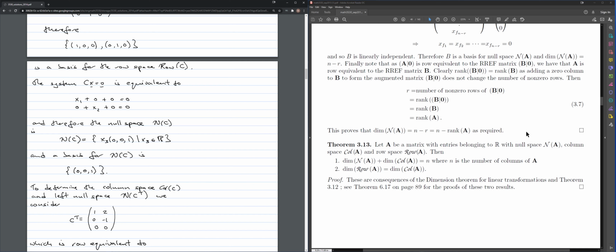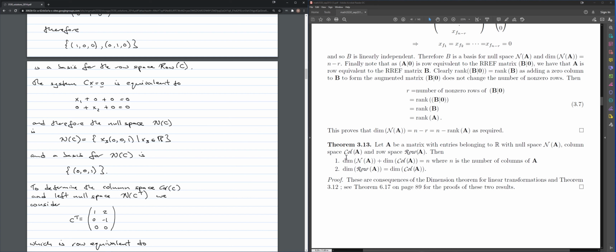I now have a basis for null space of A, a basis for column space of A, and a basis for row space of A. And because I have a basis for all of these, I know what the dimension is, because the dimension is just a count of the number of basis vectors.